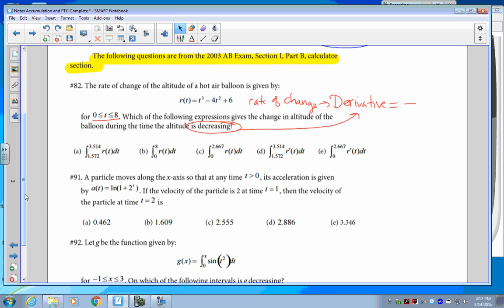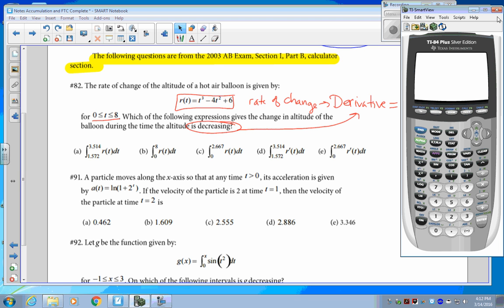Now my derivative is this r. So I'm going to use my calculator to figure out where this thing is negative. So grabbing my calculator, I'm going to go into y equals, and I'm going to key in my function. Oh good, old school.